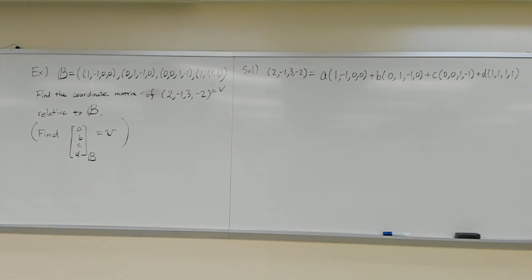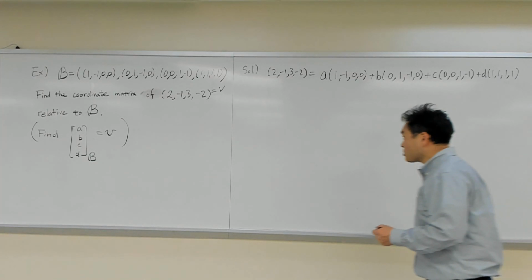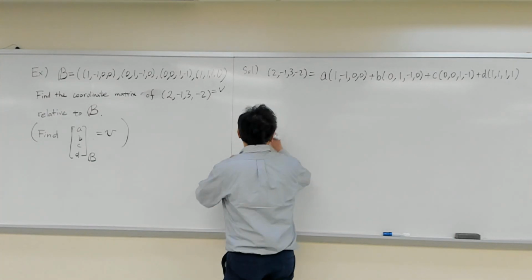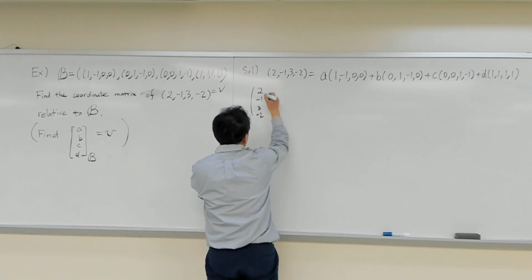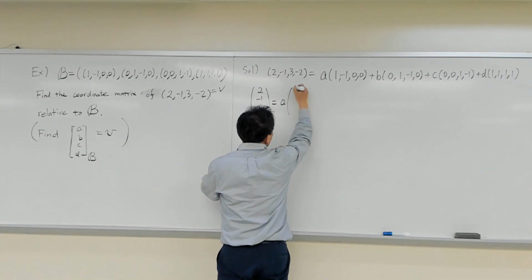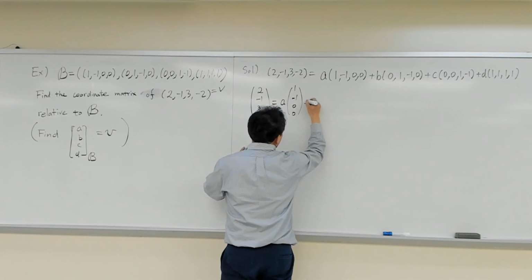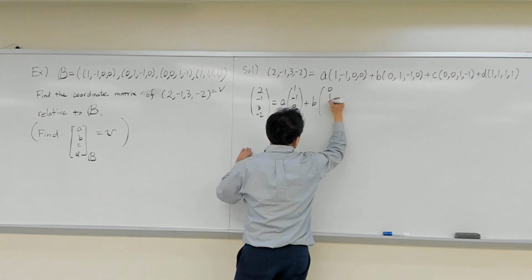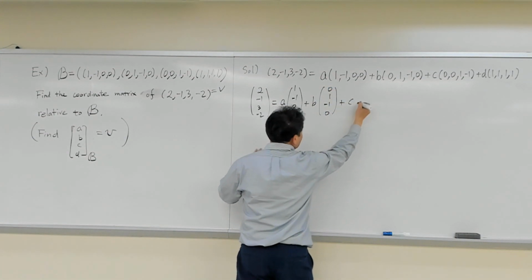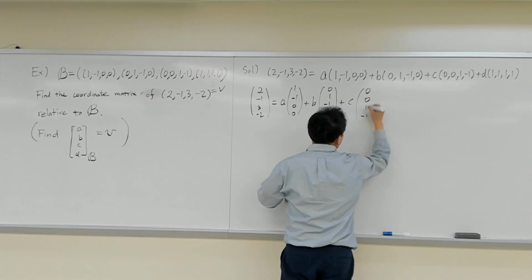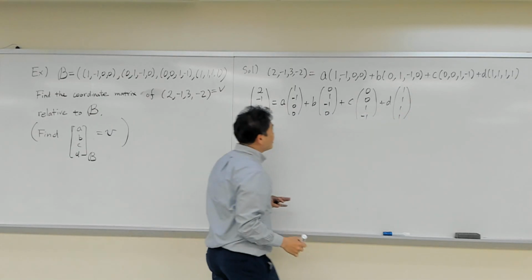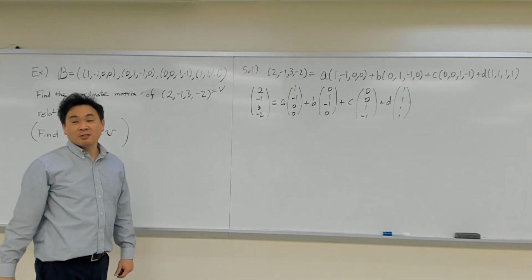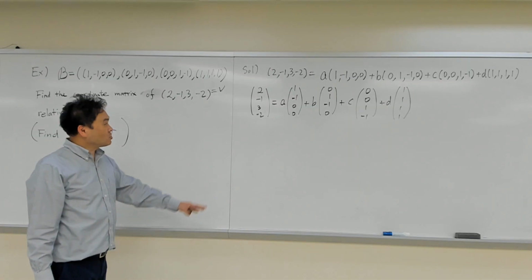Now, it's hard to see, but if you write everything with column vectors, it's somewhat easier. So let me just rewrite the same thing, but with column vectors. Then it's a lot easier to see what's going on.